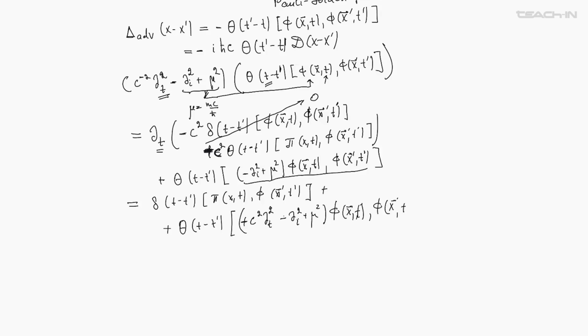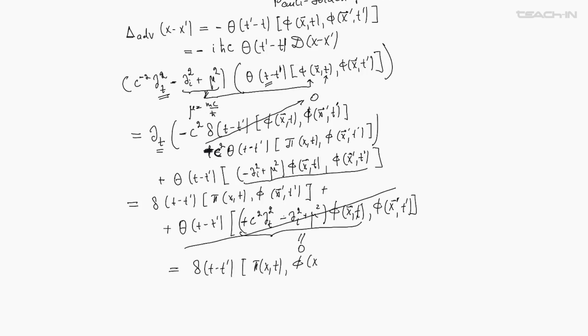So what do we see from this formula? Well, the first thing we see is that since phi on xt is a solution of the Klein-Gordon equation, this term here vanishes because phi is a solution. So this term disappears and the whole result turns to delta t minus t prime times the commutator between the momentum of a field and the field itself at different space-time points.